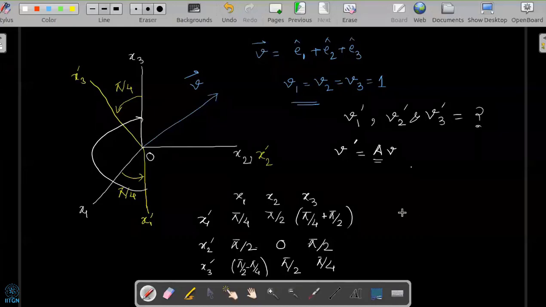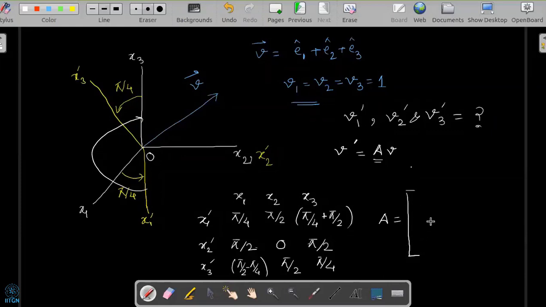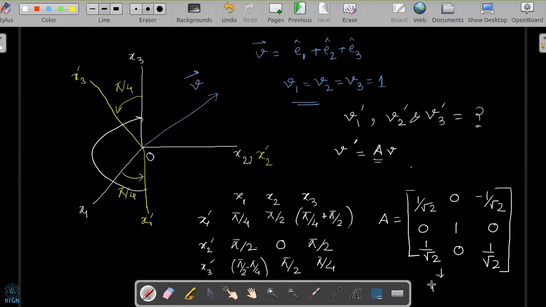Then we can formulate our matrix A, and in the A matrix you will get the cosine of all these: 1 by root 2, 0, minus 1 by root 2, then 0, 1, 0, 1 by root 2, 0, 1 by root 2. So this is the transformation matrix we obtained.